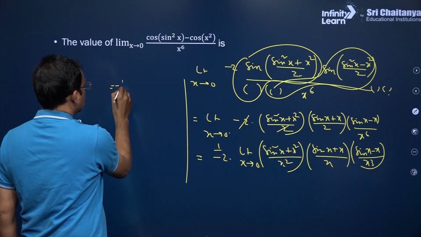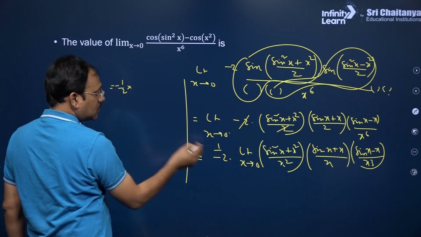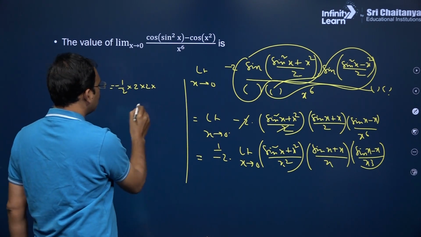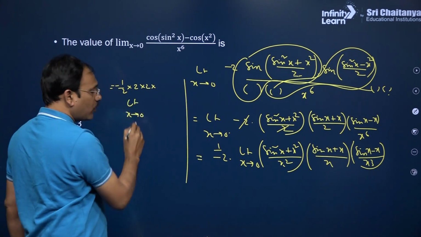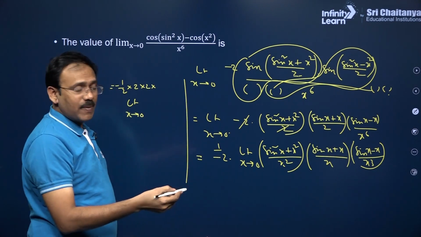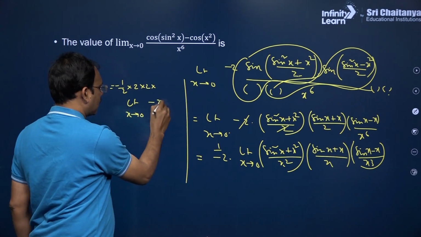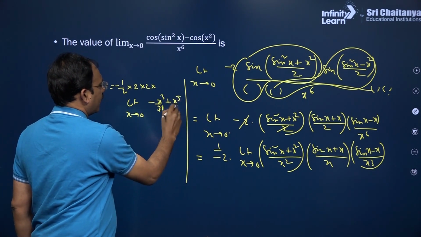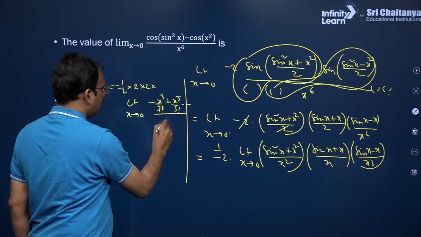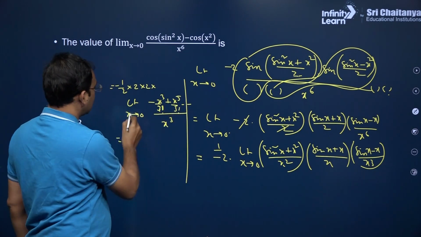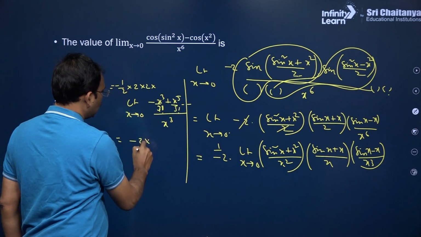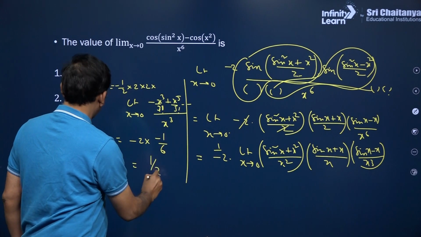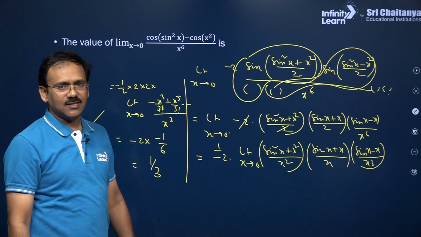So friends, this is minus 1 by 2 into, this is going to be 2, this is going to be 2 into limit x tends to 0. Why don't you go with expansion? Sin x expansion is x minus x cube by 3 factorial plus x power 5 by 5 factorial, and so on, it is going to be by x cube. So friends, I can say this is minus 2 into minus 1 by 3 factorial 6, which is going to be 1 by 3 is going to be the answer. That's all, my dear friends.